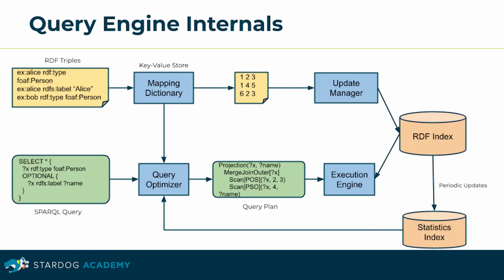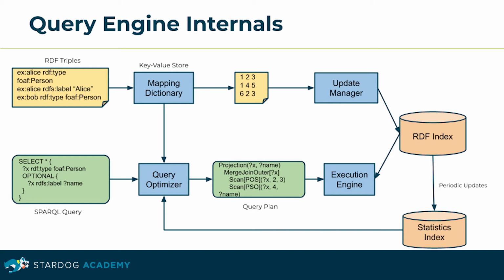If we look at the Stardog query engine internal architecture, this will help us understand all of the piece parts that go into forming a proper query plan and optimizing it for execution. On the left-hand side of the screen here, we have our query and our triples. The triples have been loaded in prior to the query.